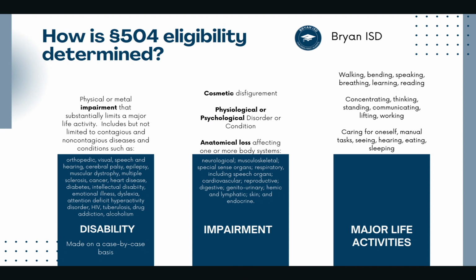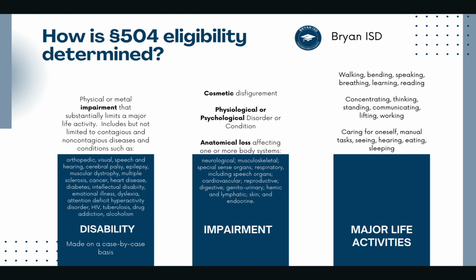And this is going to include contagious and non-contagious diseases and conditions, such as orthopedic, visual, speech, epilepsy, muscular dystrophy, heart disease, diabetes, emotional illness, dyslexia, attention deficit hyperactivity disorder, tuberculosis, drug addiction. Whether or not the student has a substantially limiting impairment is going to be made on a case-by-case basis.